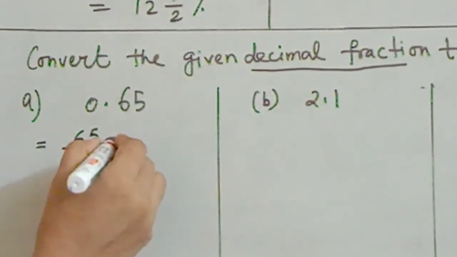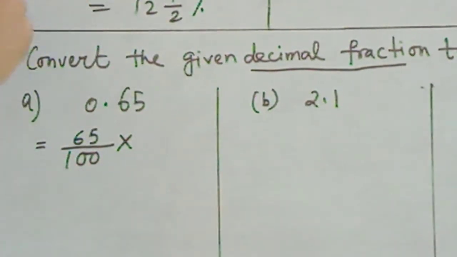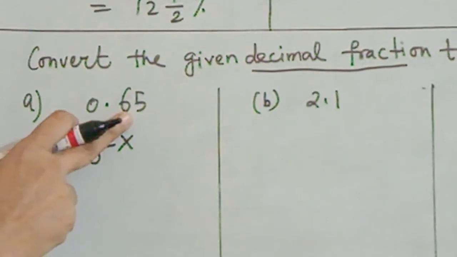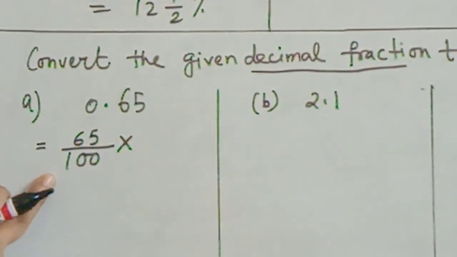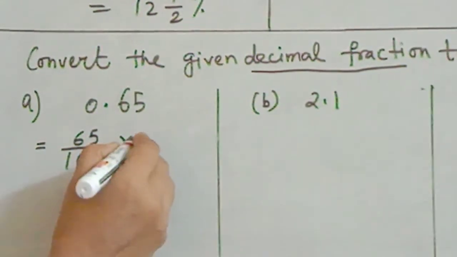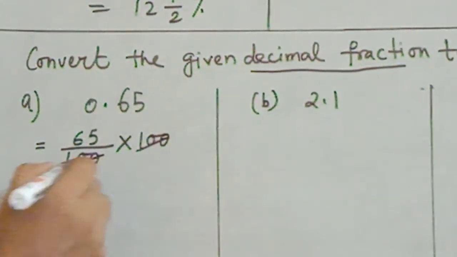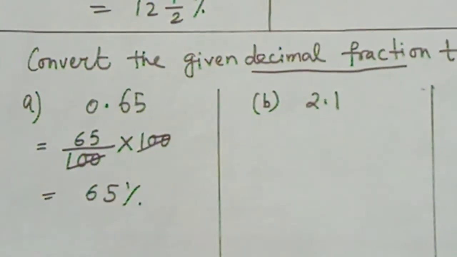And you are converting it into percent, as you converted fractions to percent in the previous sums. So this is also just like a fraction. You are changing the decimal number into a fractional number, and then converting it into percent. So you multiply it by 100, and if it cancels, then 65%.